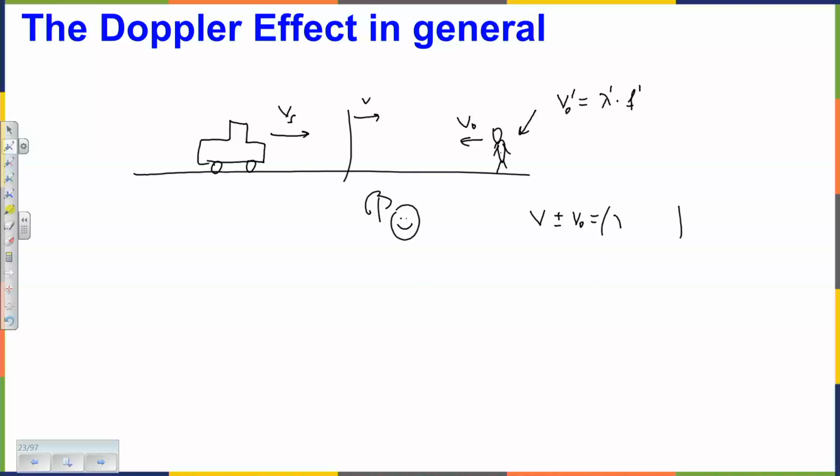So it should be the wavelength of the sound wave relative to the ground for the stationary case minus or plus the speed of the source relative to the ground divided by the frequency of the sound for the stationary case, times the frequency we are looking for, the frequency of the sound experienced by the observer.